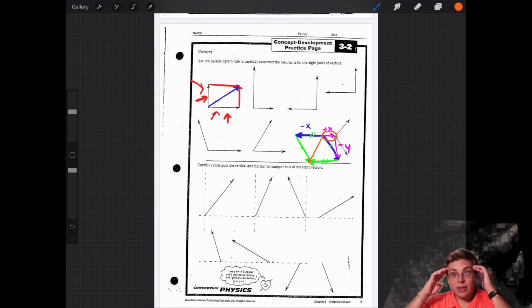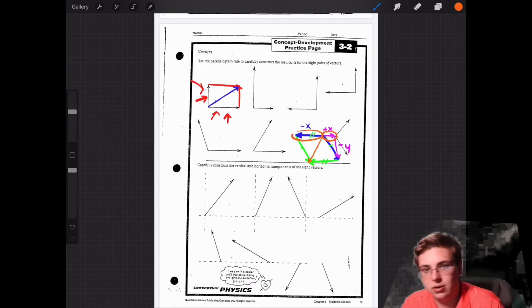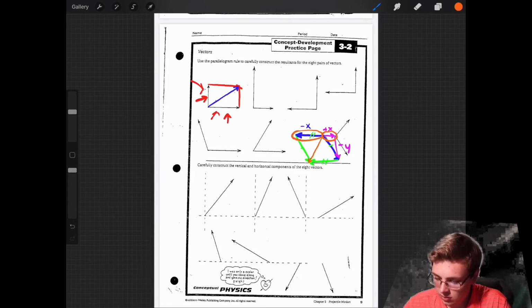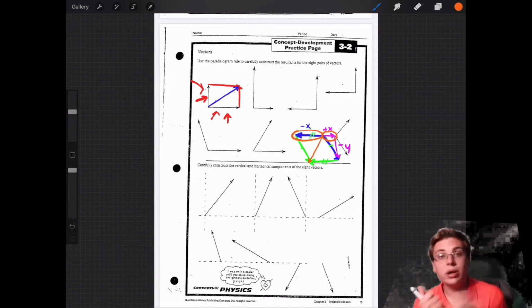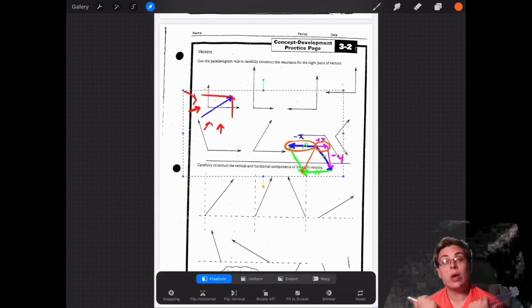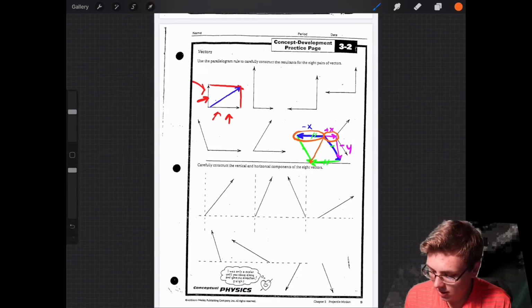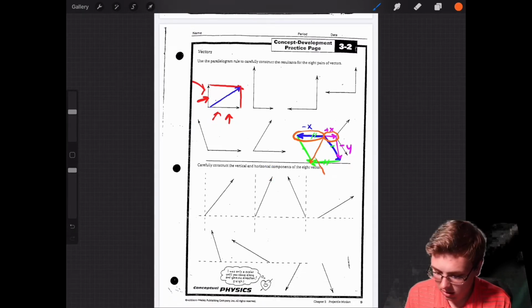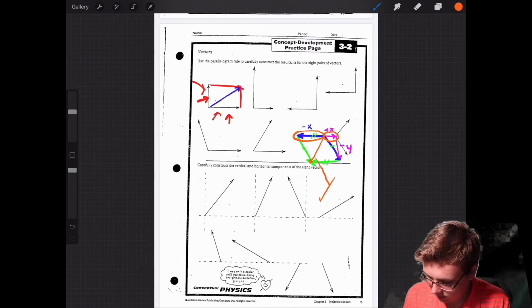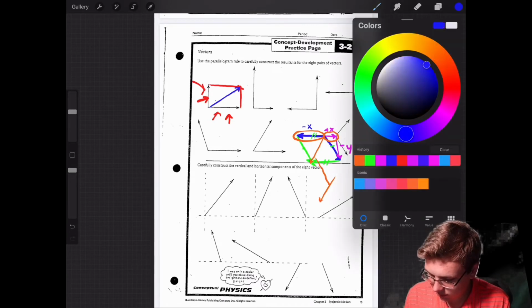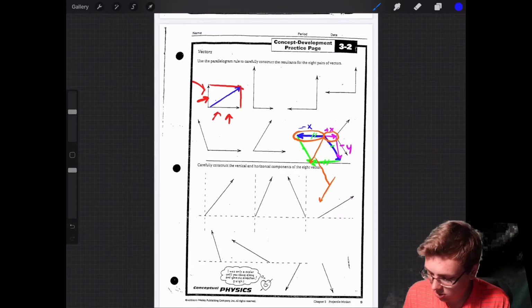But to double check that mentally in your mind, just think about it for a quick second. This arrow is smaller than this one. And they're going in opposite directions. So they're going to take away from each other if they're going in opposite directions. So my resultant orange arrow right here, I'm going to just draw this right here again.